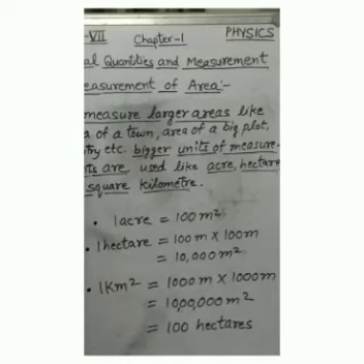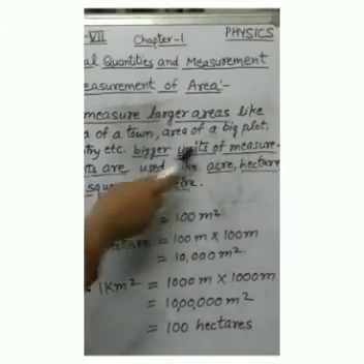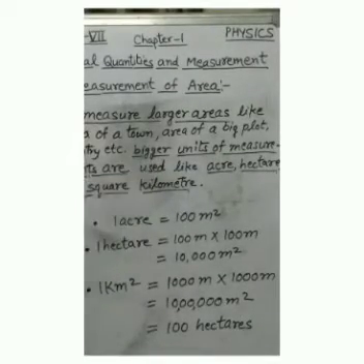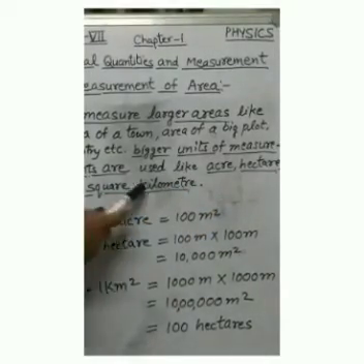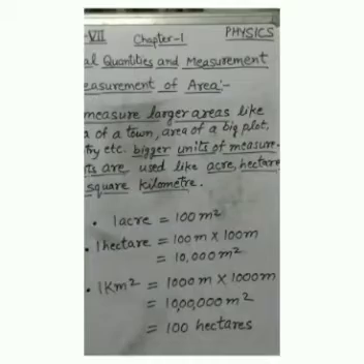Now children, to measure larger areas like area of a town, area of a big plot or a country, etc., bigger units of measurements are used, like acre, hectare and square kilometer.